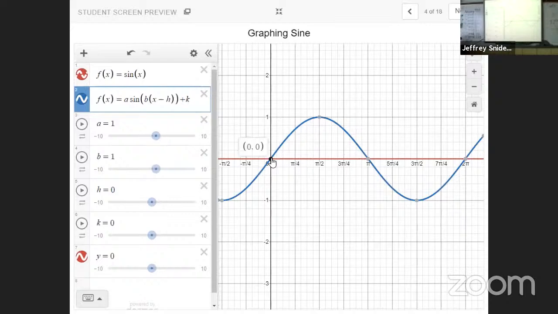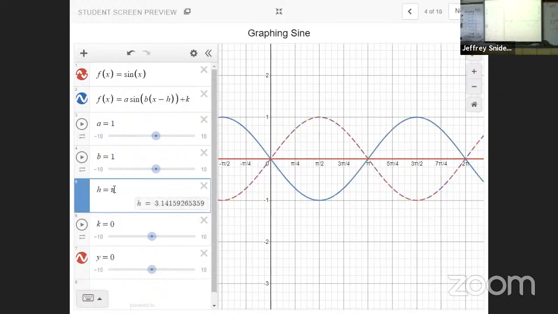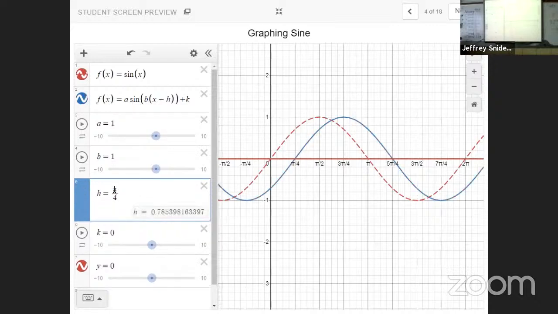Let's say I make H pi divided by 4. Notice where the graph is now starting: at pi over 4. Now notice it's x minus pi over 4.